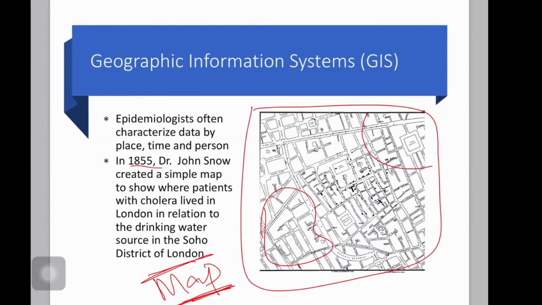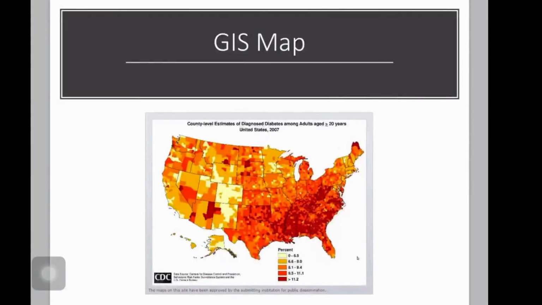You can plot, you can overlay, you can make it red, green, blue. With digitalization, these things are much easier to show, and this is why we need the geographic information system. It really makes things simpler and easier to understand.